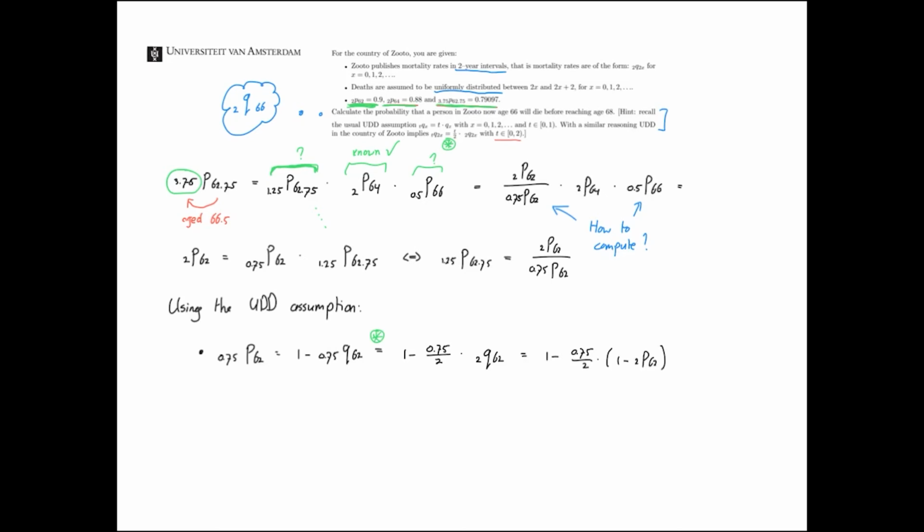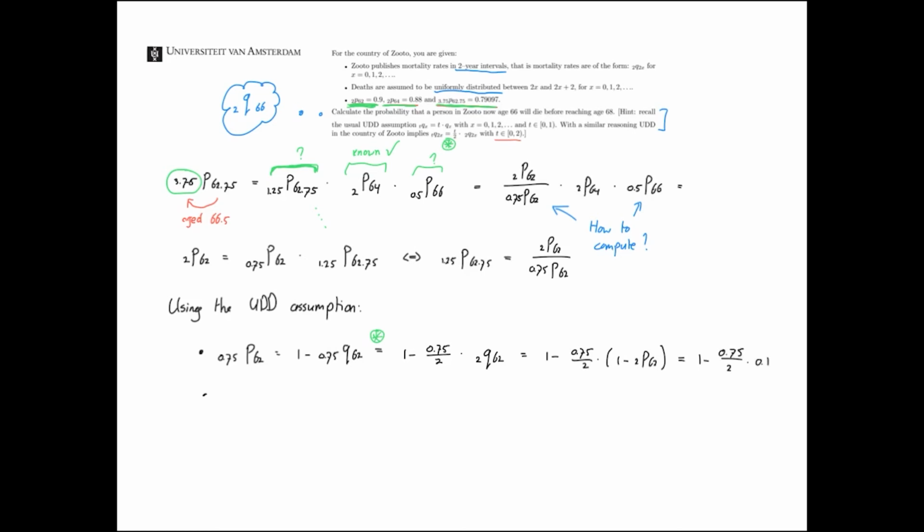All right, so what does this give? This is equal to 1 minus 0.75 over 2 times 1 minus 2p62, and 2p62 is 0.9, so times 0.1.